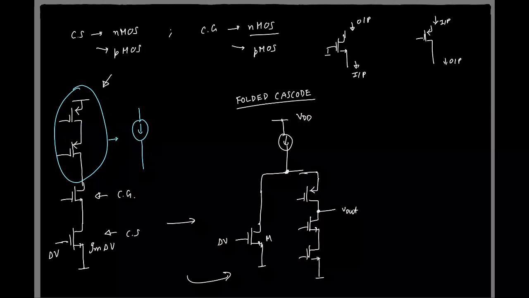Okay, so let me label these M4, M6 and M8. Now if the input here is an incremental delta V, what is the incremental V out? Can someone tell me?